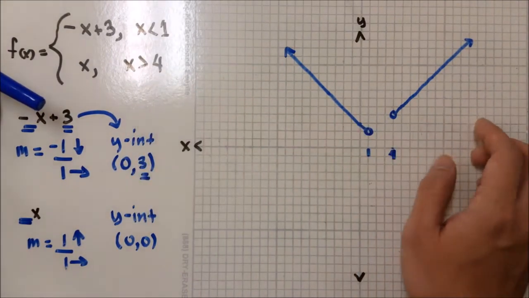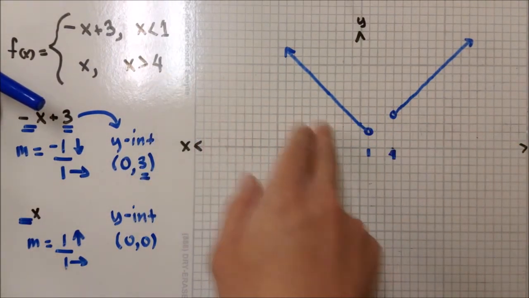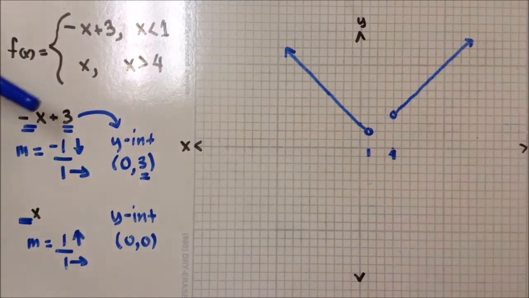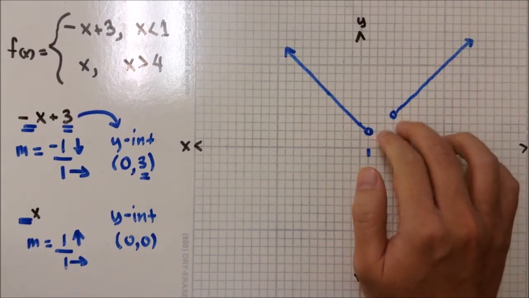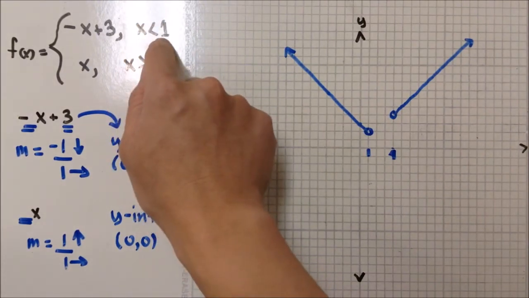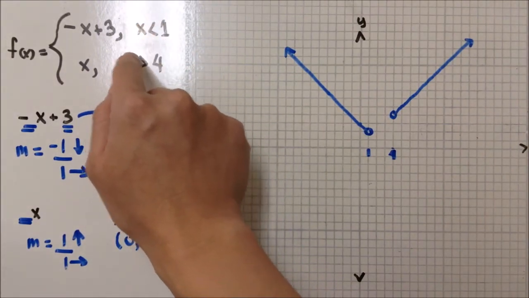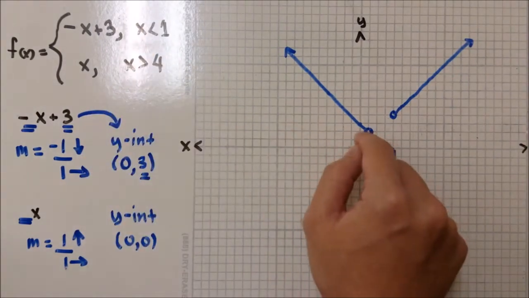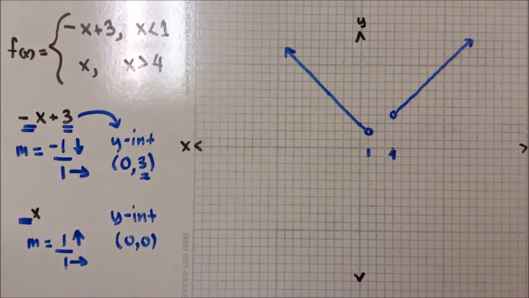So that's alright. Again, here's the graph for negative x plus 3, and then here's the graph for x. And to review, the reason we use open circles is because they don't have the less than or equal to and greater than or equal to, so it doesn't have the lines. If it had the lines, these two would be closed circles.